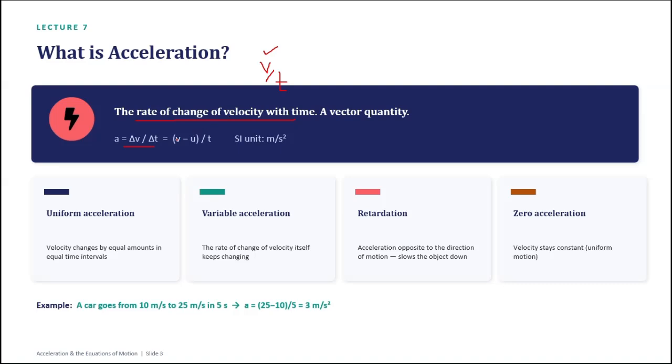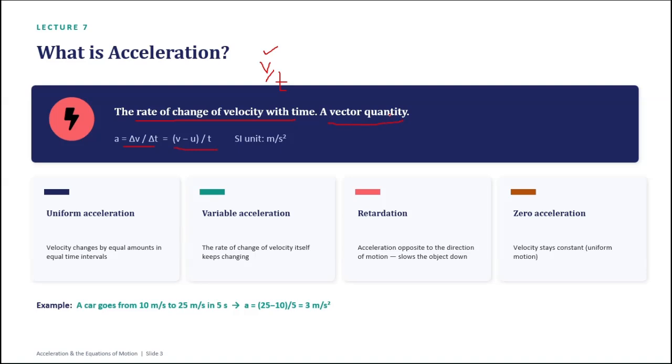Fine. We can also write this in the form of initial and final velocities. Acceleration is equal to final velocity minus initial velocity divided by time. Okay. Now acceleration is a vector quantity.